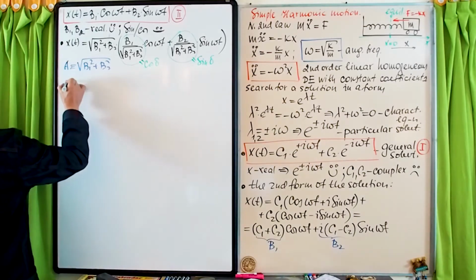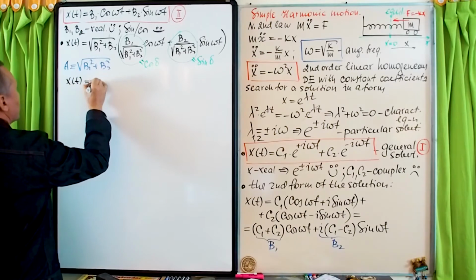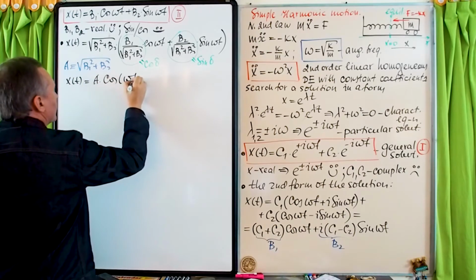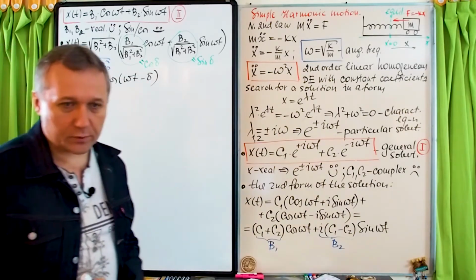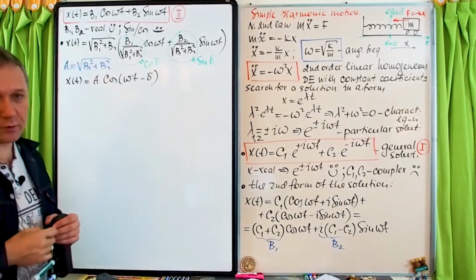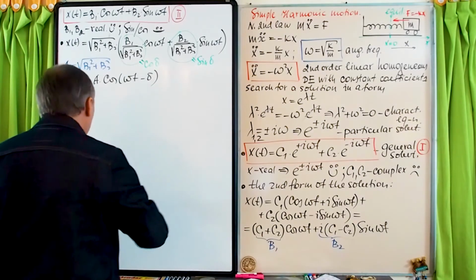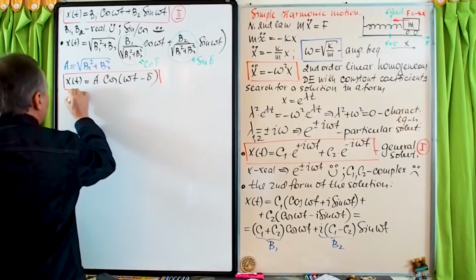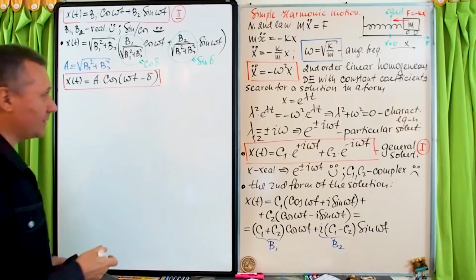So as a result, I can write x of t equals A cosine omega t minus delta. So that is the third form of the solution, which is called a phase-shifted cosine solution. Let me frame it. Most of the time we're going to use this because it looks small, compact.